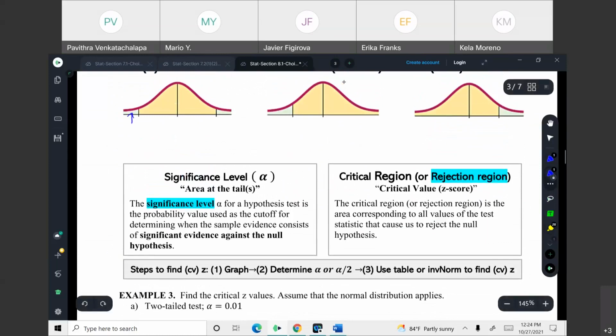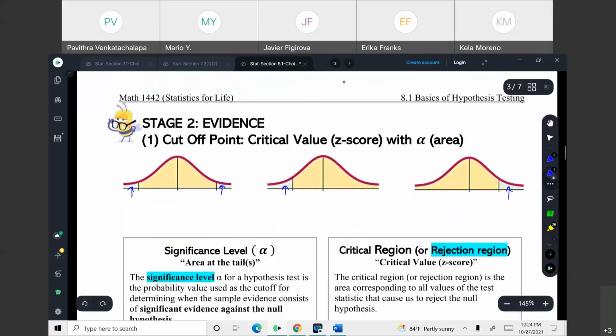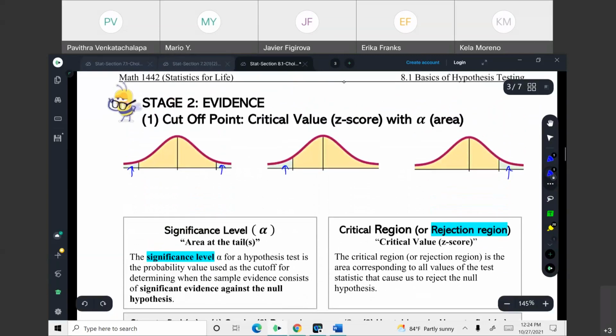If you can see here, these areas, the shaded region, those regions are called the critical region. We call it that because at that point we are going to reject the null hypothesis. The region where you're going to reject the null hypothesis is called the critical region or rejection region.